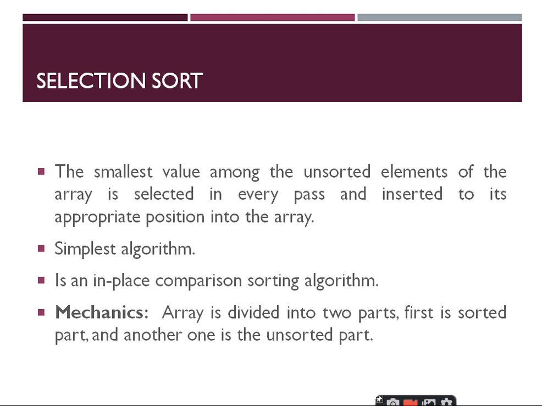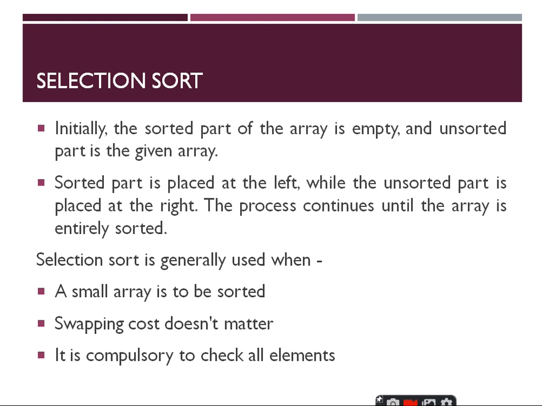Now the mechanics: we see the array is divided into two parts. The first is the sorted part and the other is the unsorted part. Initially the sorted part of the array is empty. As I said, in selection sort we insert the elements in an unsorted sequence, then remove them one by one and place them into proper positions.